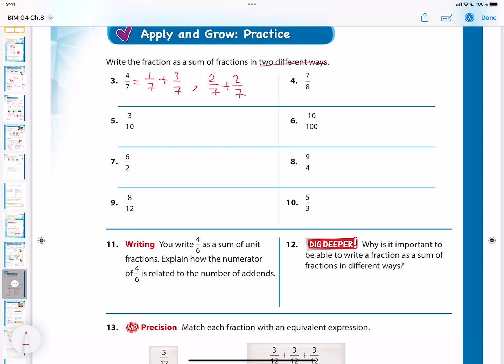Even you can work on unit fractions, sum of unit fractions, if the numerator is not too many, right? That way it's easier for us. Now I'm going to split the 7 into 2 over 8 plus 5 over 8. And another one is 1 over 8 plus 6 over 8. Any number you want. And this time I'm going to use unit fraction.